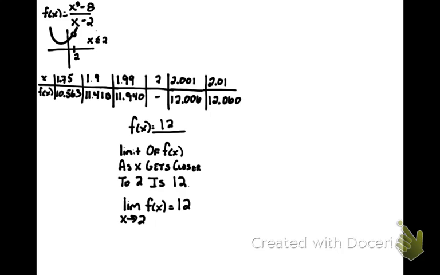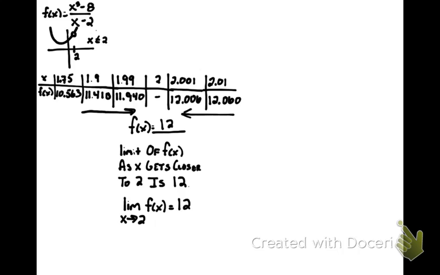Or we would say that the limit does not exist, DNE. So notice in our table that from the left-hand side of 2, it's getting closer to 12. And from the right-hand side of 2, the values are getting closer to 12. If they were approaching different values from each of the two sides, we would say there is no limit.